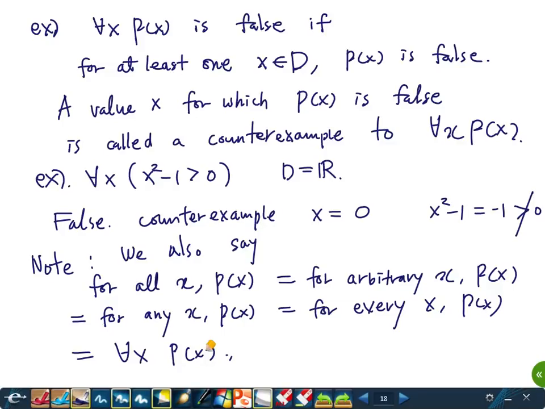All right? So we've learned this notation for all. There is a parallel notation to that.